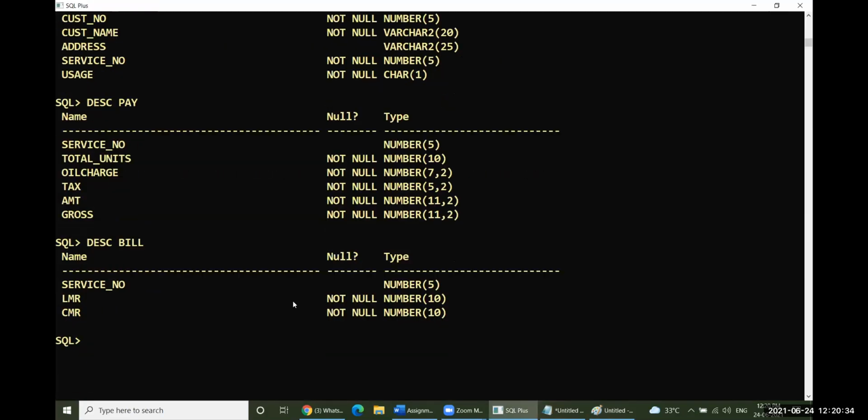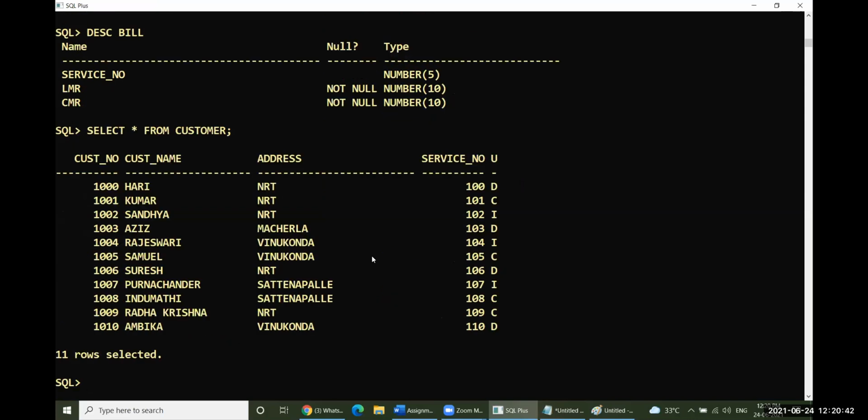So how could you get the complete details of customers? This is the way: select everything from customer. This is how you get complete information. Now, from customer where service_number is equal to, how could you get the service number?